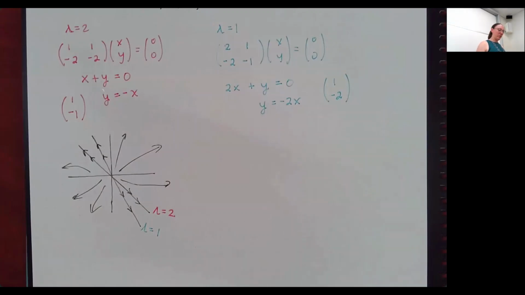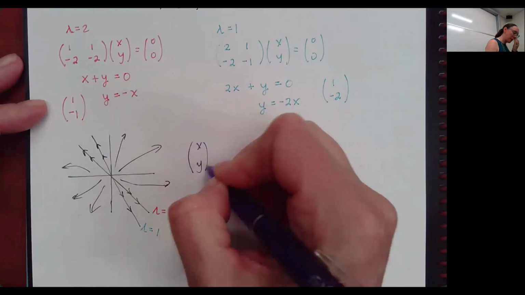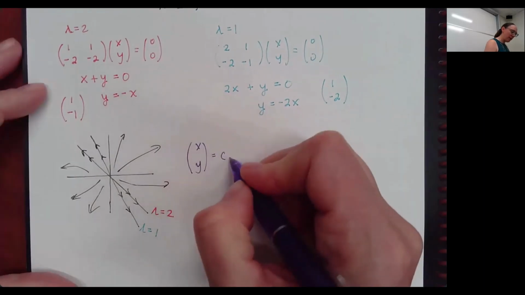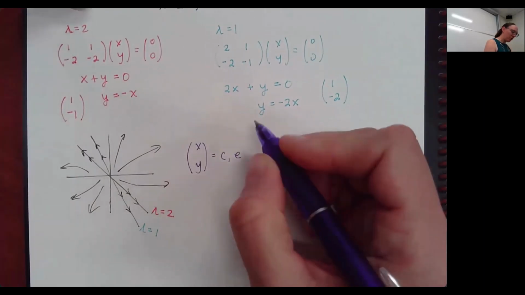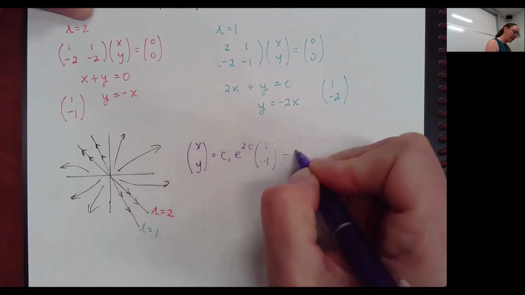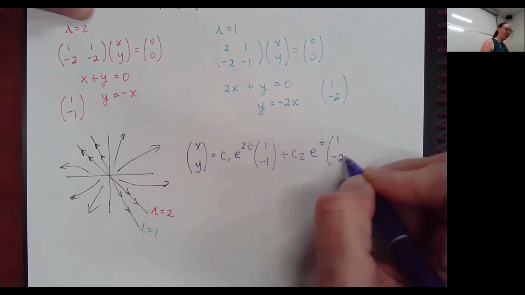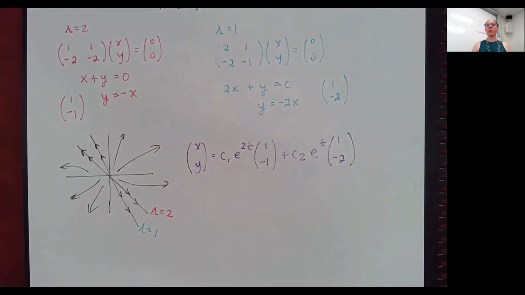If I go to find the general solution, it's always going to have the same form for our linear systems. So I'll have C1 e to the 2t times my eigenvector 1, -1 plus C2 e to the t times my eigenvector 1, -2. Now here's why it doesn't matter what you choose for an eigenvector.